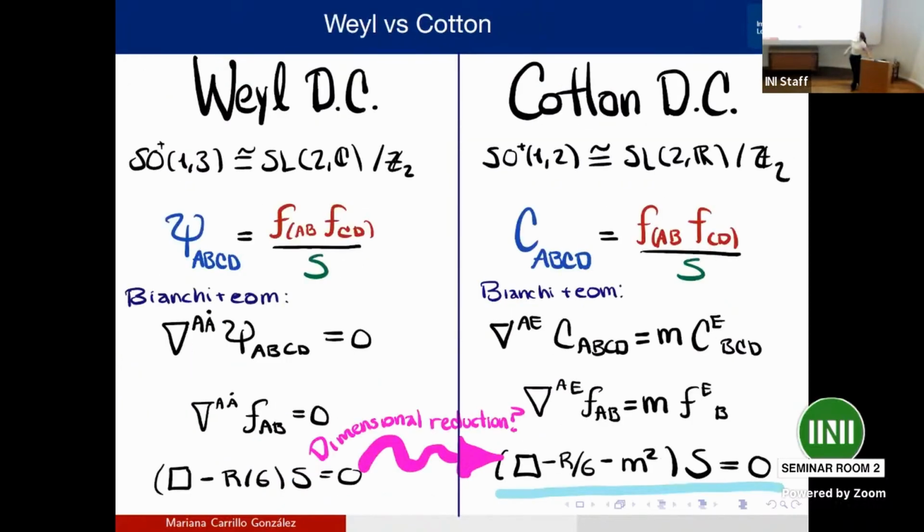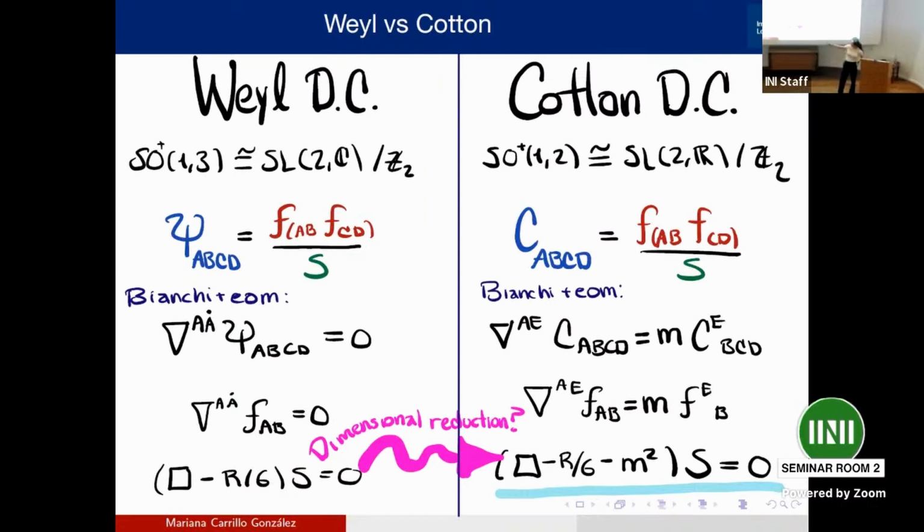So the double copy relationship for the exact solutions looks like the following. In 4D, this is known as the Weyl double copy and tells you that the Weyl spinor can be written in terms of 2 spinors of the field strength for Maxwell, because it's going to be a linearized relation, over some scalar. And these components of the Weyl spinor and the field strength should satisfy the equations of motion of your theory. So we're going to be looking only at vacuum solutions.